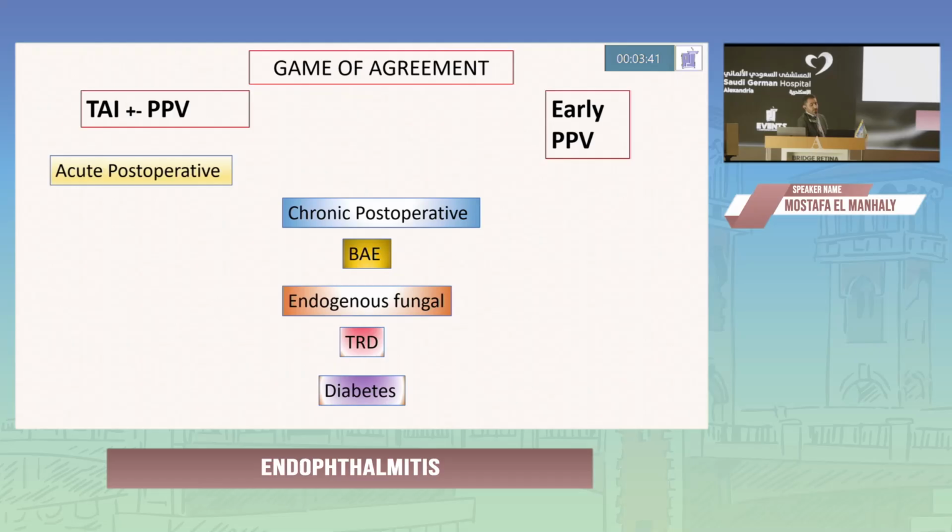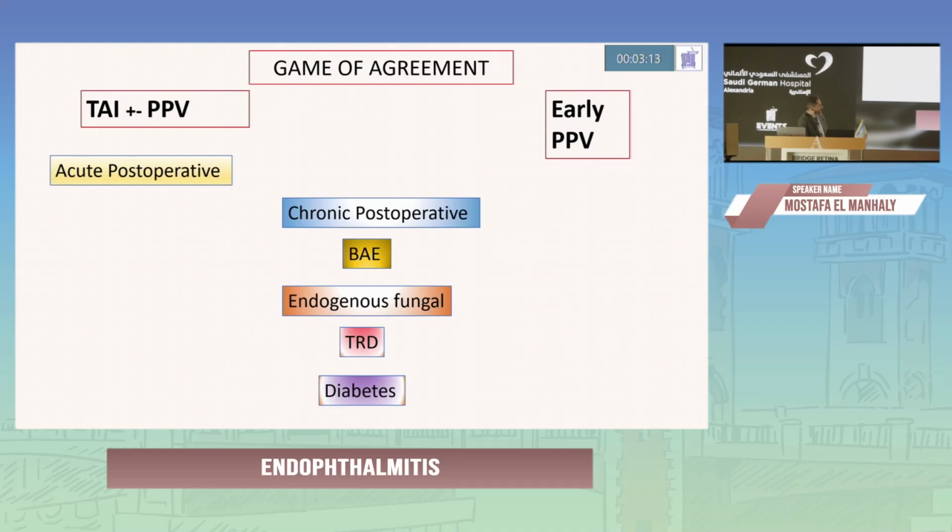Dr. Khalid, please. Chronic post-operative endophthalmitis, would you go directly to an early vitrectomy? That has not been injected before, or that has been injected and remained chronic? It's just a chronic case presented 6 months after cataract surgery. A delayed post-operative, not an acute one.